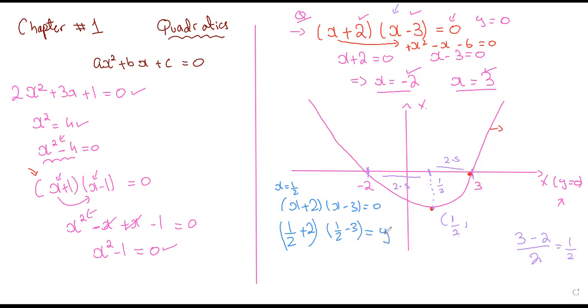Now this would be the value of y, okay? And we will have 5 by 2 multiplied by what? 1 by 2 minus 3 will give me what? Minus 3 by 2. And this is minus 15 by 4. Did you understand?